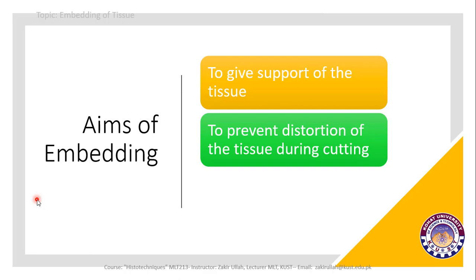As the tissue contains different empty spaces which contain fluid or water, these empty spaces are filled with the embedding medium, and this helps in maintaining the structure of the tissue and supports it. This also prevents distortion of the tissue during cutting, so that if we apply blades and pressure on the tissue for cutting, the tissue is not disturbed and its structures are maintained.